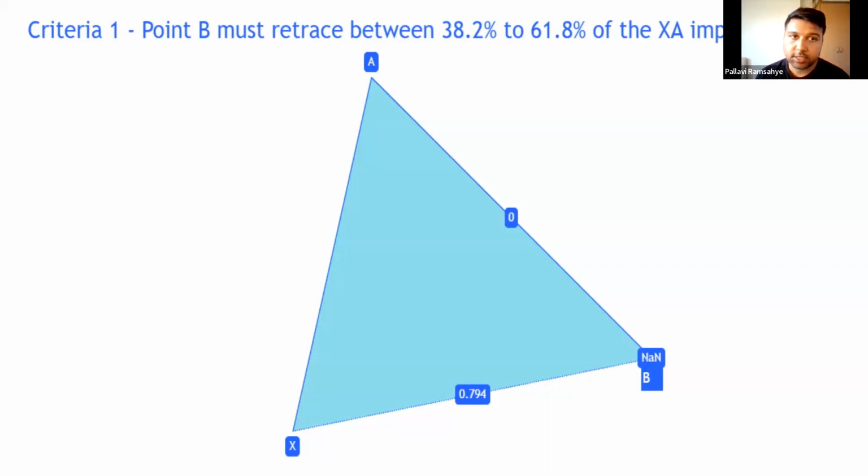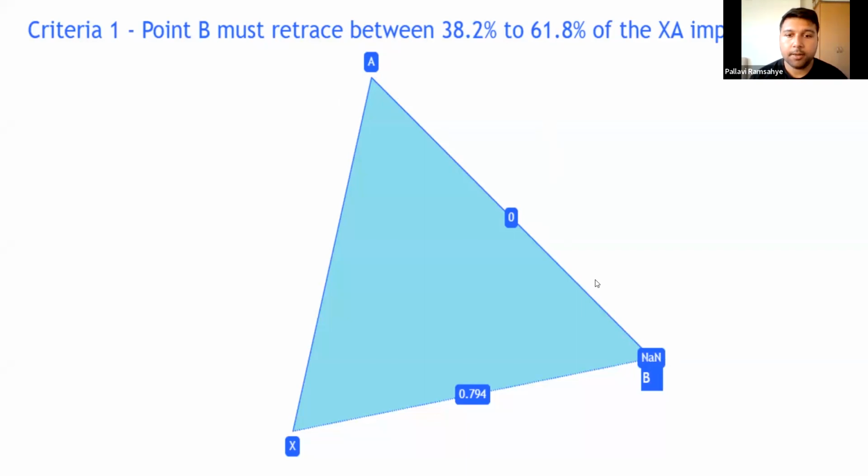This will make more sense when I do a live breakdown, but for now, just note these points down and we'll come back to them later in the session. From X to A means we've placed our Fibonacci retracement tool from the bottom of the pattern to the top, and then we're waiting for price to retrace back between these two values. That's how we establish point B.